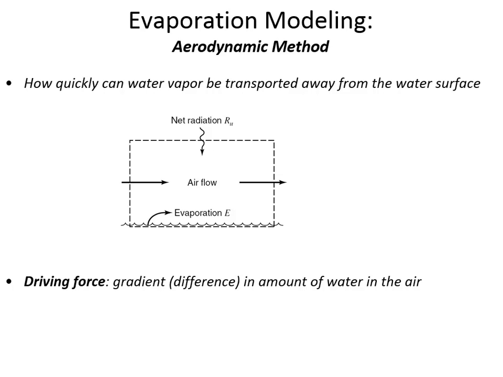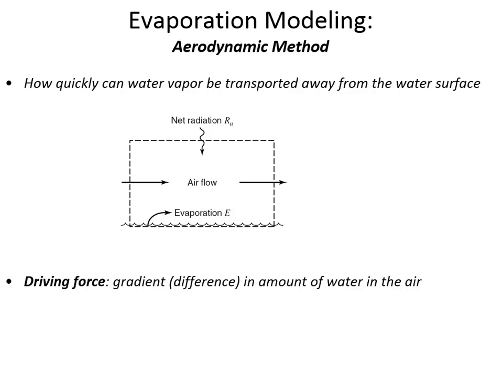And when you have transport, which is being illustrated here, consider a control volume over the surface of the water, where at the bottom of the control volume you've got just a little bit of water and it's evaporating. You've got moisture inside of the control volume, and how quickly the water vapor can be transported away dictates how quickly the evaporation will actually occur.